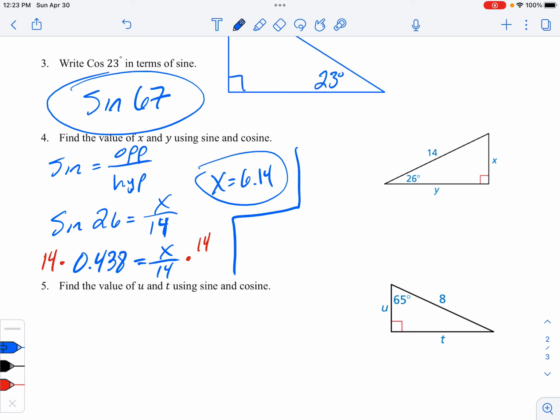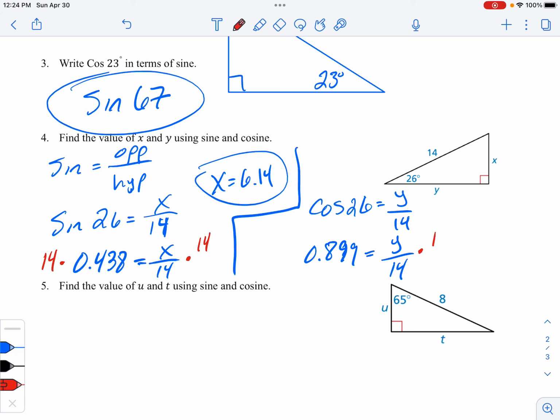Okay, so the cosine of 26 is equal to y over 14. And solving this is the exact same process. I can punch the cosine of 26 into my calculator, and I get 0.899. So the cosine of 26 is 0.899, and that's equal to y over 14.